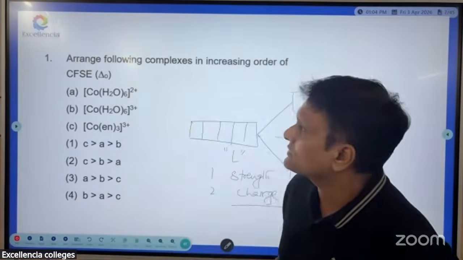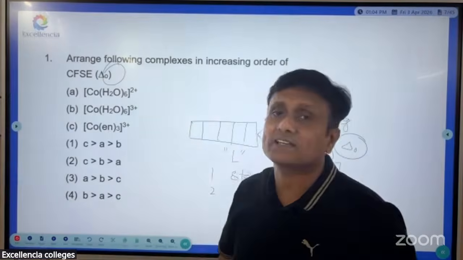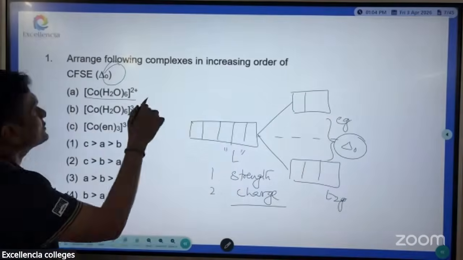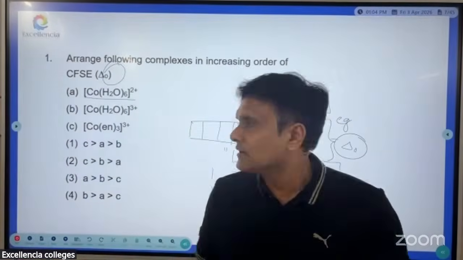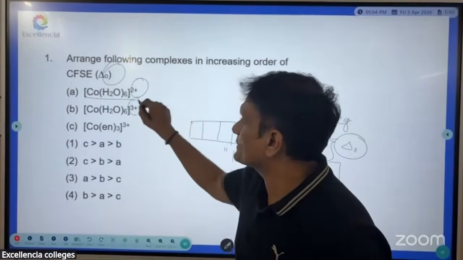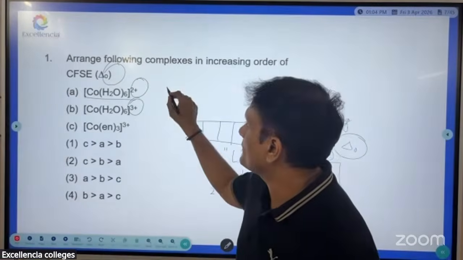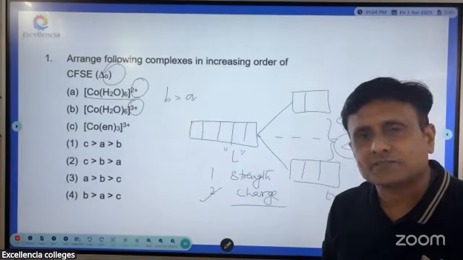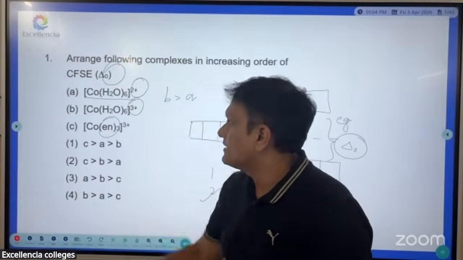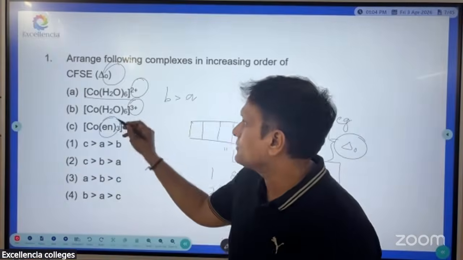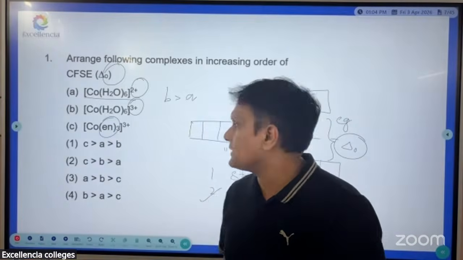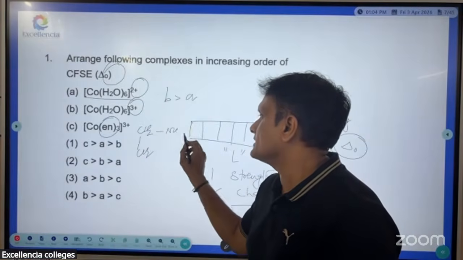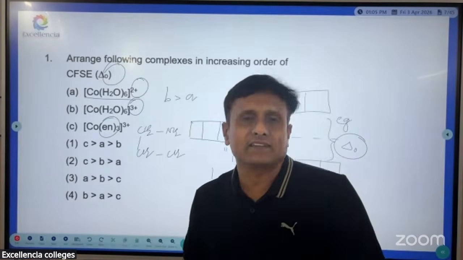Now you see when we are talking about the delta naught, crystal field splitting energy or stabilization energy, let's see the difference. You can see here cobalt is with water, where the oxidation number is +2. Here the oxidation number is +3. Obviously the splitting of B is greater than A based on the charge factor. Now, when you are comparing the cobalt +3 complex with ethylenediamine being the ligand, you all know that ethylenediamine is a chelating ligand.